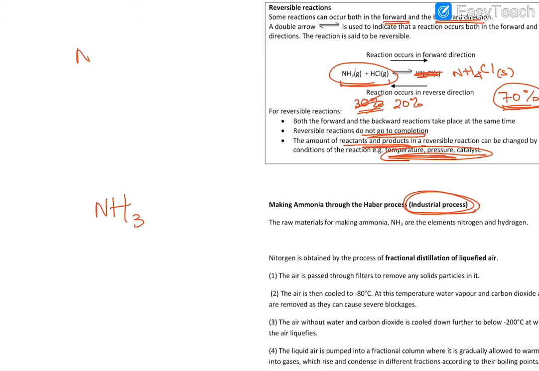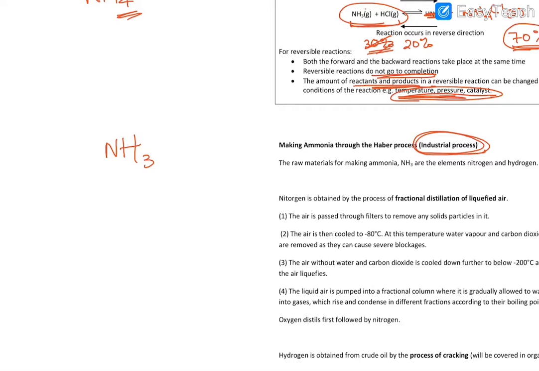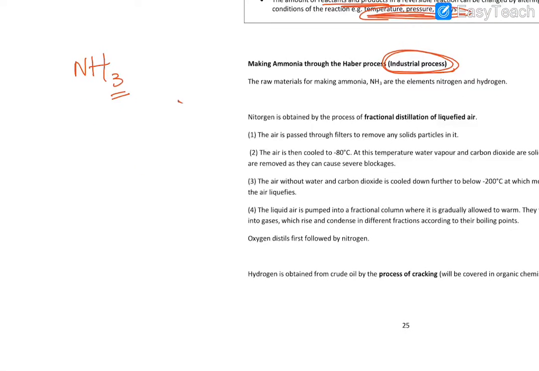Remember, ammonium is a radical, and ammonium is a longer word, so it has more hydrogen. Ammonia is a shorter word, it has less hydrogen, NH3. Ammonia contains nitrogen and hydrogen, so we're going to use these as the starting materials.